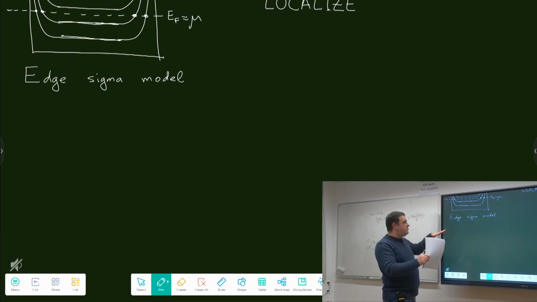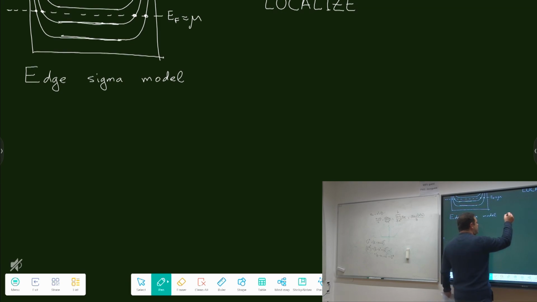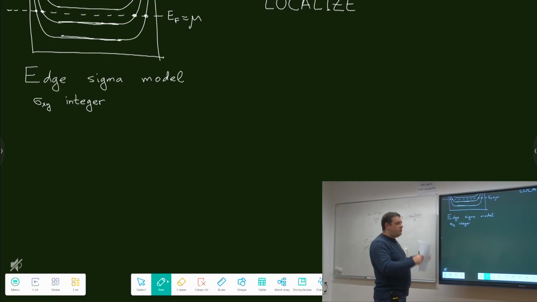We are at some quantum Hall plateau, so sigma xy is integer. But we still have something happening at the edge. So these edge modes are still not localized, they can propagate, and we can describe them with a sigma model.